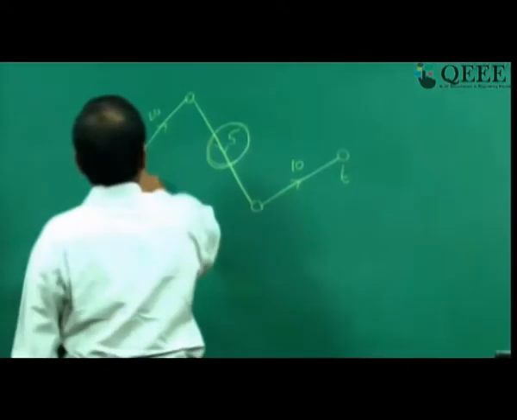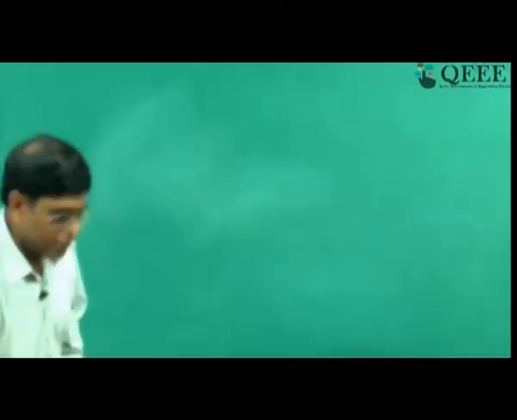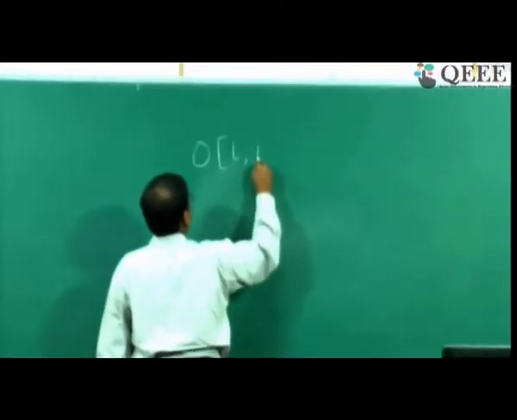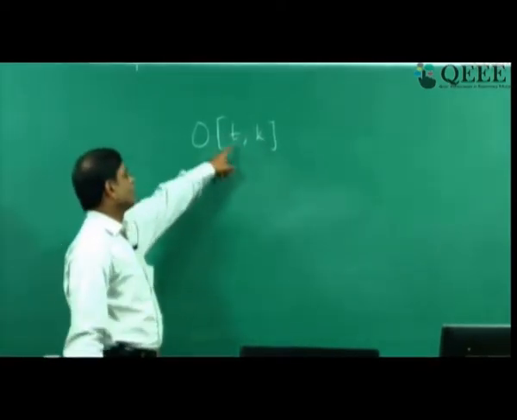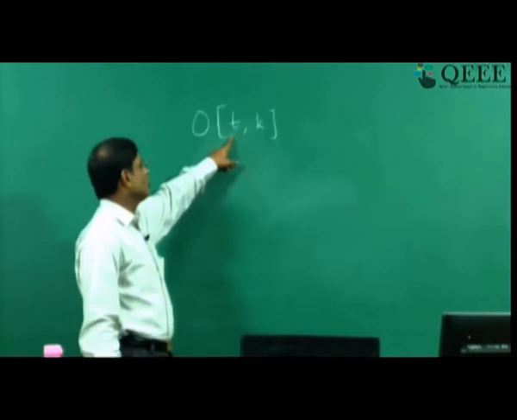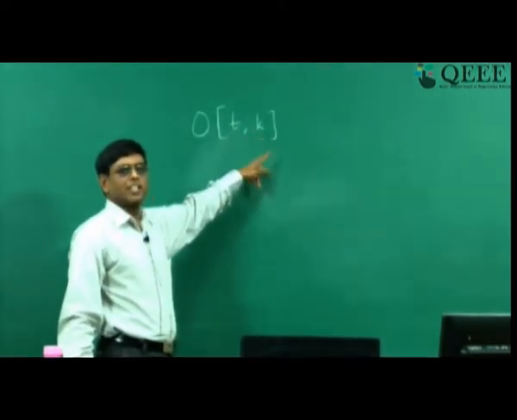In the bottom-up Bellman-Ford algorithm, we kept an optimum value O(T, K): the optimum value from the source S to the target node T using no more than K edges.